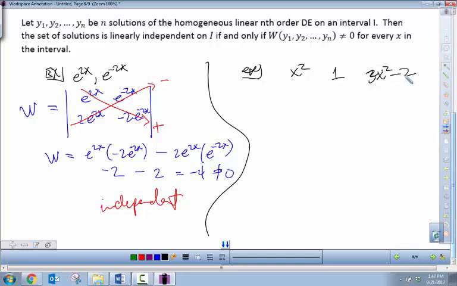Let's take a look at these three functions and do the Wronskian for that. And I'm just going to fly over the process of the determinant for this. It's a 3x3 matrix and I'll ask you to look up how to find the determinant of a 3x3 matrix on your own.